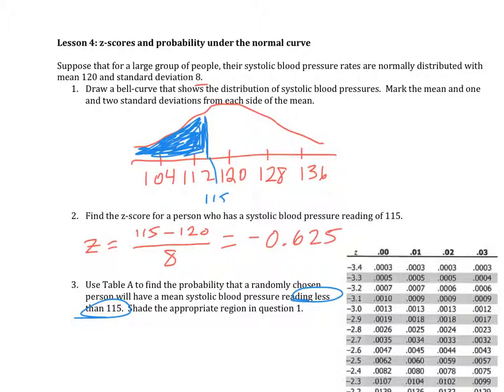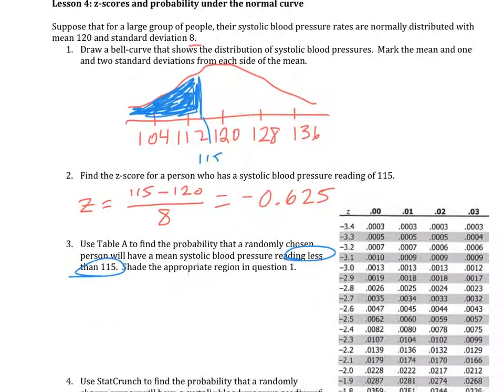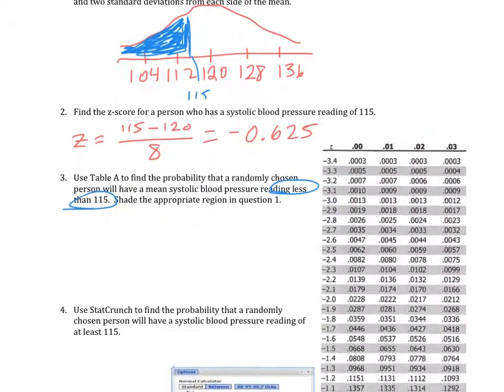Okay, so if you have your z-score, which we do, we can just go to Table A, which is in StatCrunch, and a piece of the table is right here.